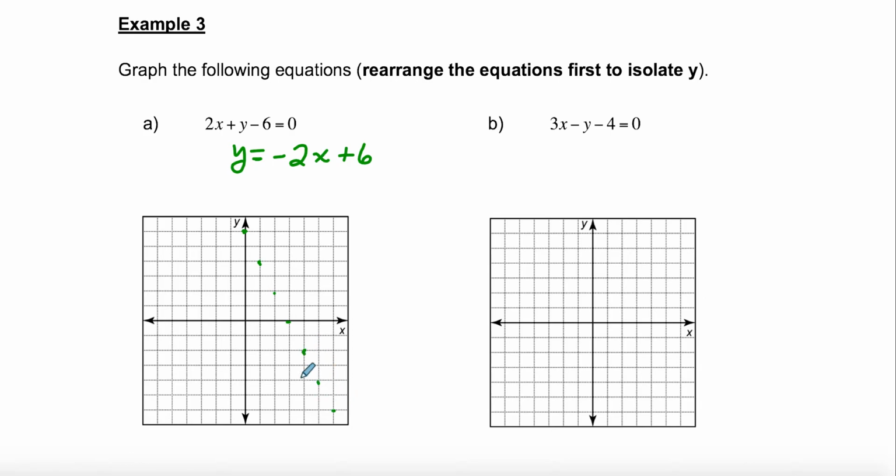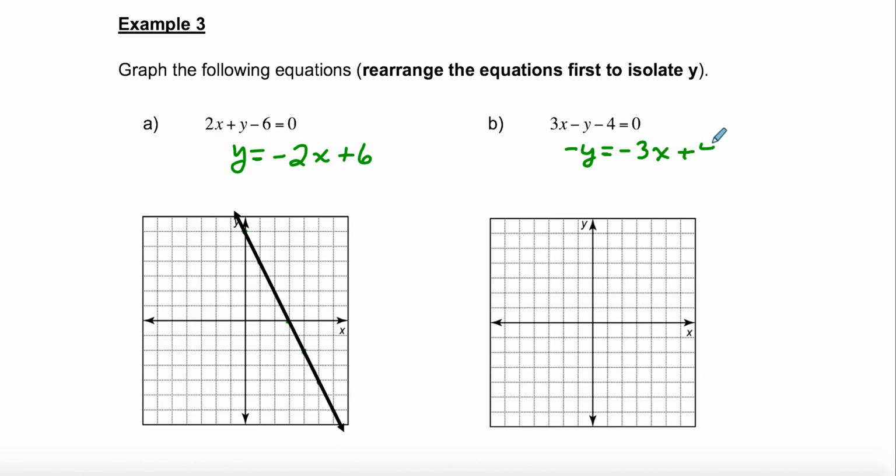Some students will ask me, am I allowed to just rearrange it? Sometimes it won't tell you this. It won't say to rearrange it. It'll just say graph this. So I would always rearrange it to make it look like something I'm familiar with. So there's y = -2x + 6. This one over here, it'll just maybe say graph this. I would like to graph it if I could see what y = mx + b looks like. So I leave the y where it is.